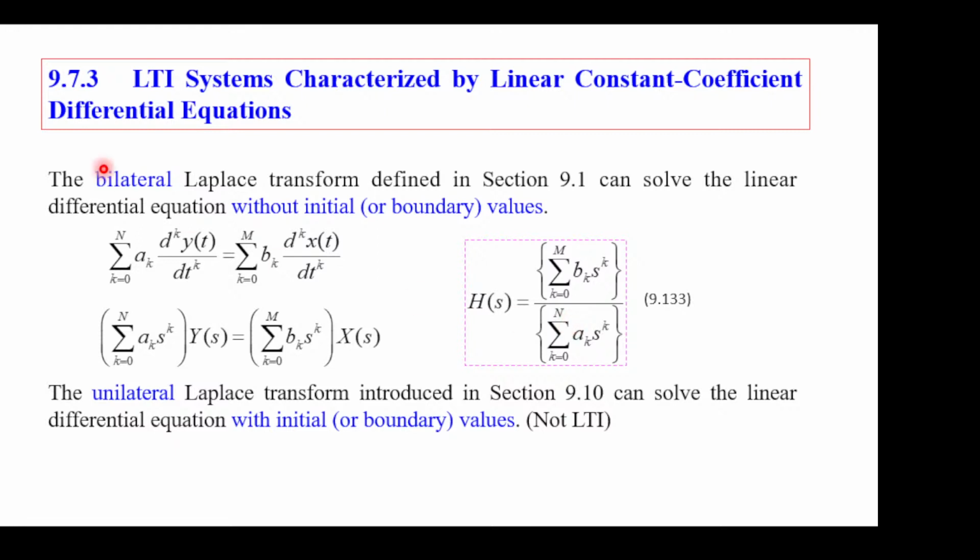So the bilateral Laplace transform is very similar to Fourier transform. If you do Laplace transform on both sides, then you can write down this H of s, and it is a polynomial of s over a polynomial of s, with coefficients b, those b are the coefficients of x, and the coefficients a from the coefficients of y.